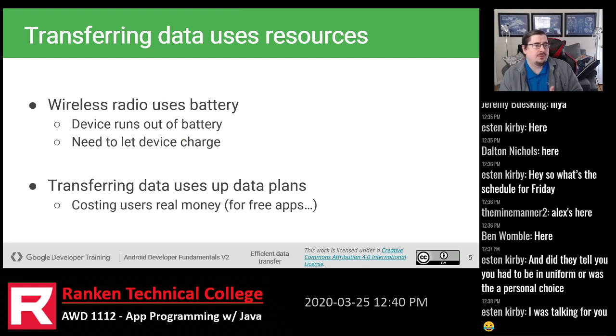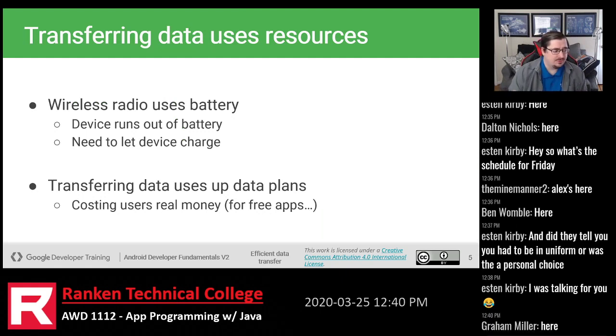Transferring data efficiently is an important thing. When it comes to using resources, the wireless radio is the most important thing that we're going to talk about, because that's the thing that we have some control over, and that's what we're focusing on as we're trying to do things in the background. That usually means network activity.